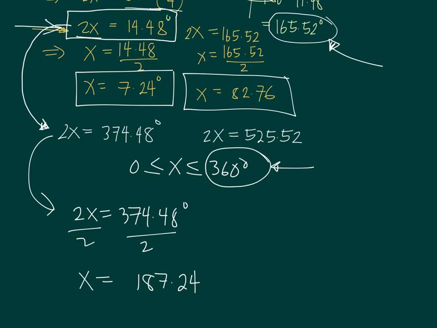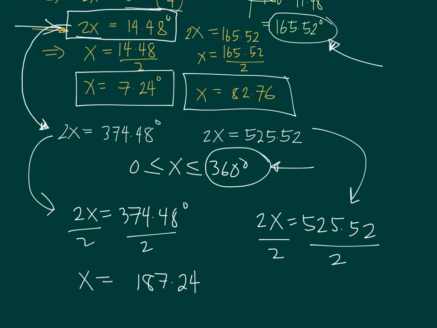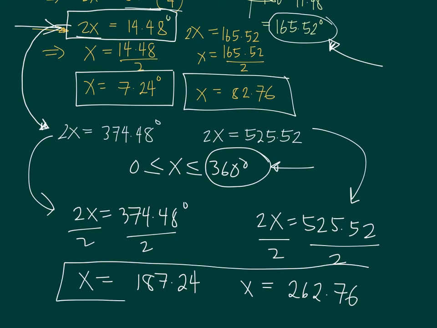And then we also have 2x equal to 525.52, divided by 2. So 525.52 divided by 2 is equal to, so x is 262.76.